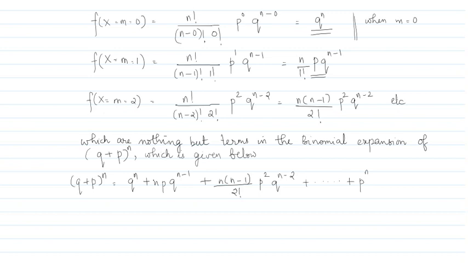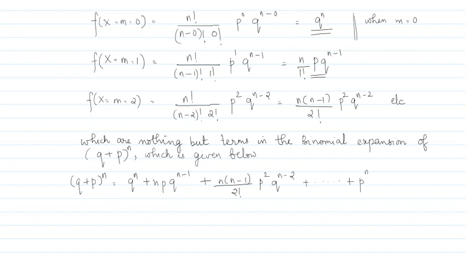Similarly, when x equal to m equal to 2, you get such a term, etc. Now if you closely examine all these terms, you will understand that these terms are nothing but the terms which appear in the binomial expansion of q plus p raised to n. Binomial expansion of q plus p raised to n is given like this: q raised to n plus np q raised to n minus 1. n by 1 factorial ഉണ്ട്, n എന്ന് മാത്രമേ എഴുതിയിട്ടുള്ളൂ.